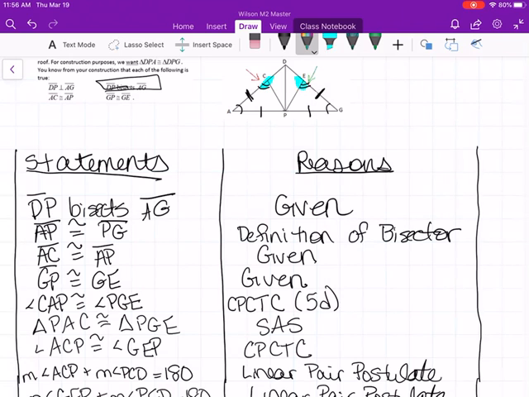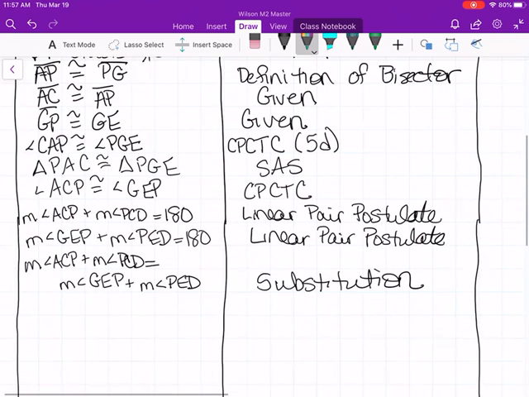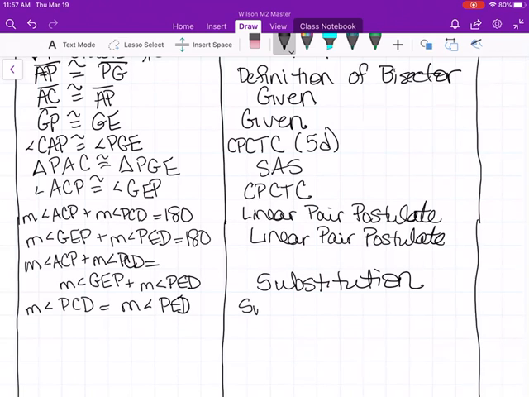So if I take that and subtract those congruent angles out, then what I will have left is the angles I want. So next step, measure of angle PCD equals the measure of angle PED. This is by the subtraction property of equality.